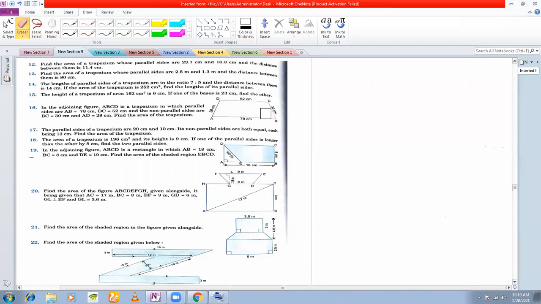So area of the trapezium is given to you. You need to find out the length of the parallel sides. So let us draw a trapezium and see what all is given. Let us call this trapezium ABCD.